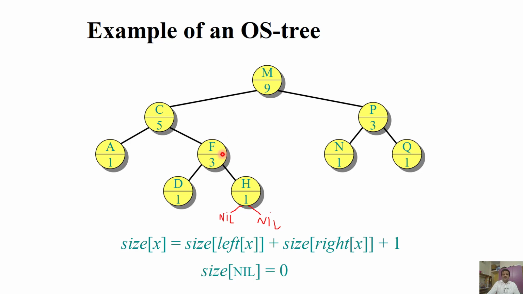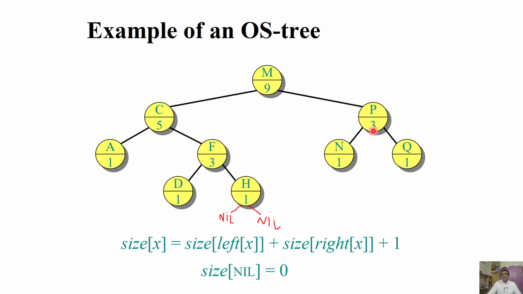And now what is the size of this node? Size of the left subtree plus size of the right subtree, both 1, plus 1 for this node. So this is 3: three nodes hang in the subtree rooted at this. Similarly for this one.